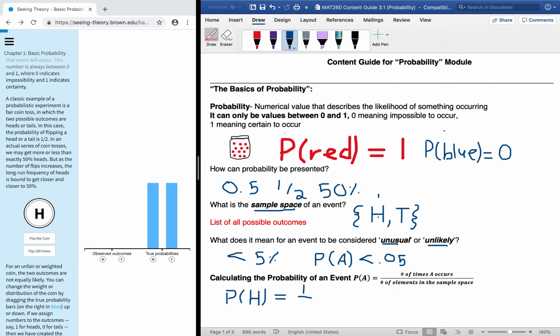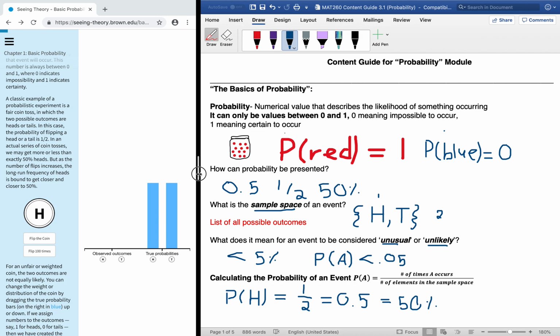So if we look at our sample space, there's heads, there's tails, there's 2 total. So that means it's going to be 1 over 2. So there we get our probability of getting heads when we flip a coin is 1/2, or we can say 0.5, which would also be the same as saying 50%. So you can represent the probability of getting heads any of those ways.